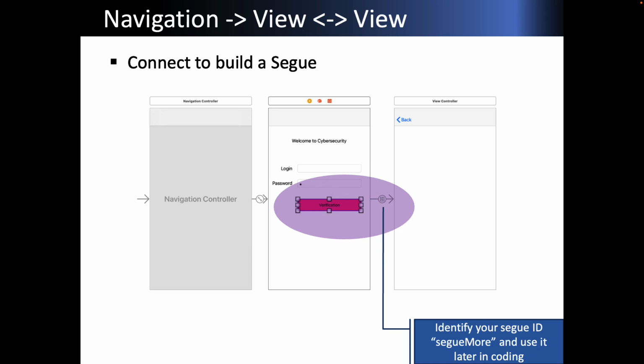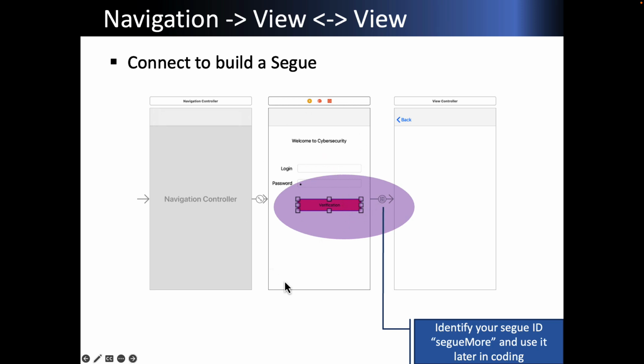There is a logic: how can you bring up the new view from the current view? If there is logic such that when the user clicks this button, in response to the button click you want to bring up a new view, then you need to connect from this button to the new view.